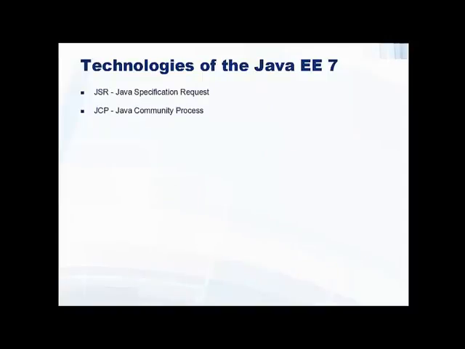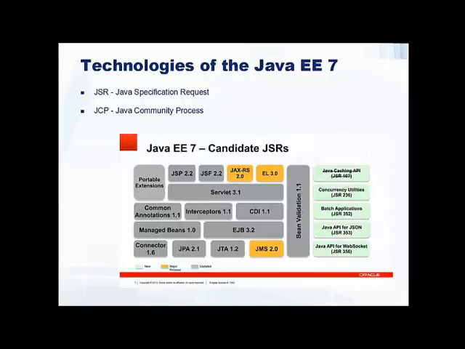So now we will discuss a little bit of the technologies involved in Java Enterprise Edition 7. First of all, please bear in mind that JSR stands for Java Specification Request and JCP stands for Java Community Process.